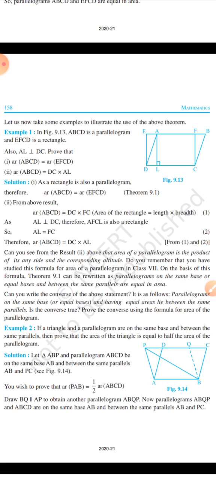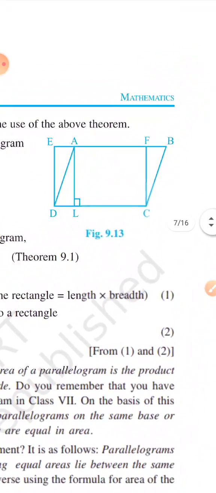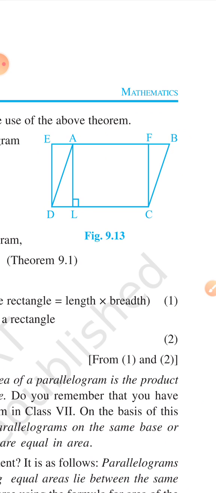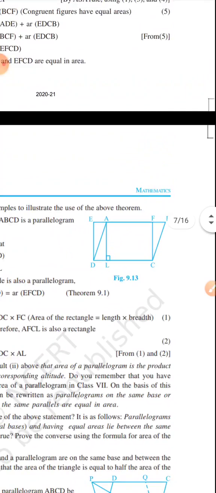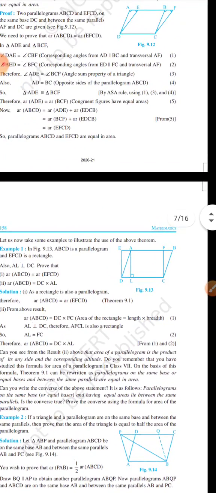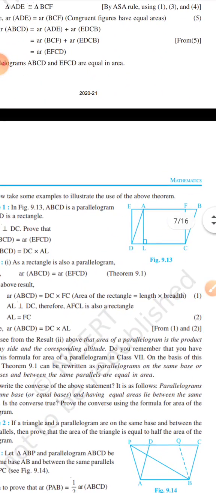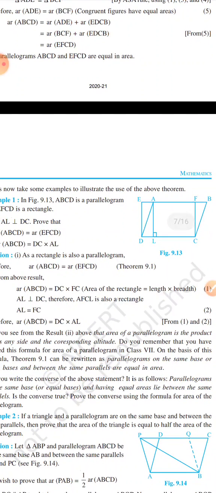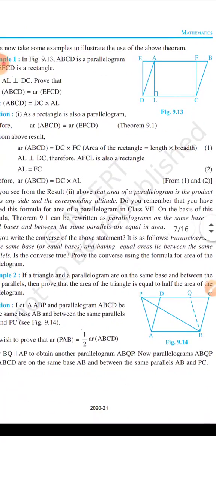So by using theorem 9.1 we can say that the areas of these two parallelograms will be equal. If we suppose the area of rectangle EFCD will be DC into ED, and ED is equal to the height, and DC is DC only, so the area of ABCD will become equal to the area of that rectangle.